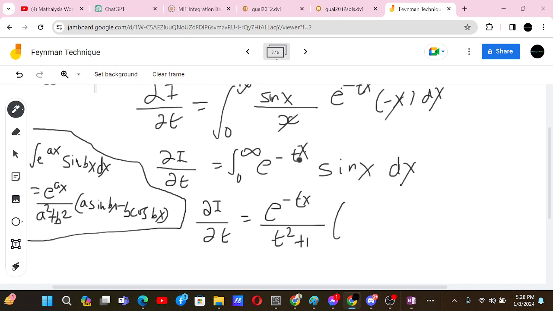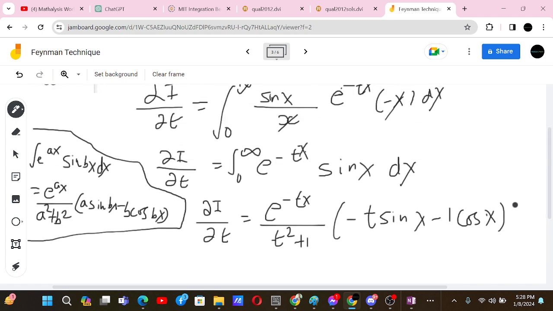Then over here we will have a cos bx, where a is minus t, so minus t sine x, and then minus b, which is 1, cos x. So that's it.